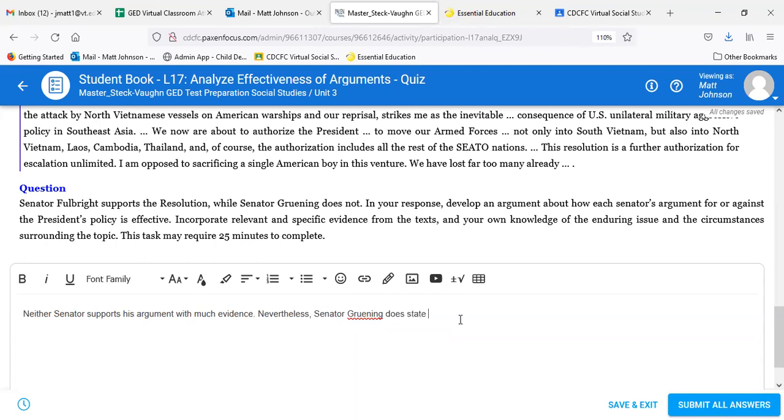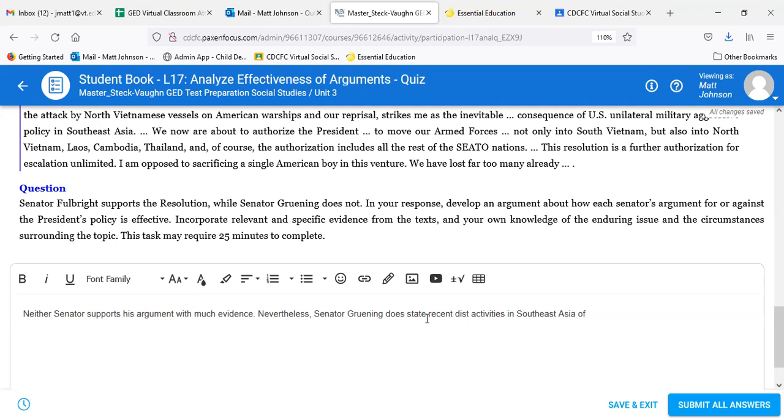Does state recent, let's say disturbing activities.